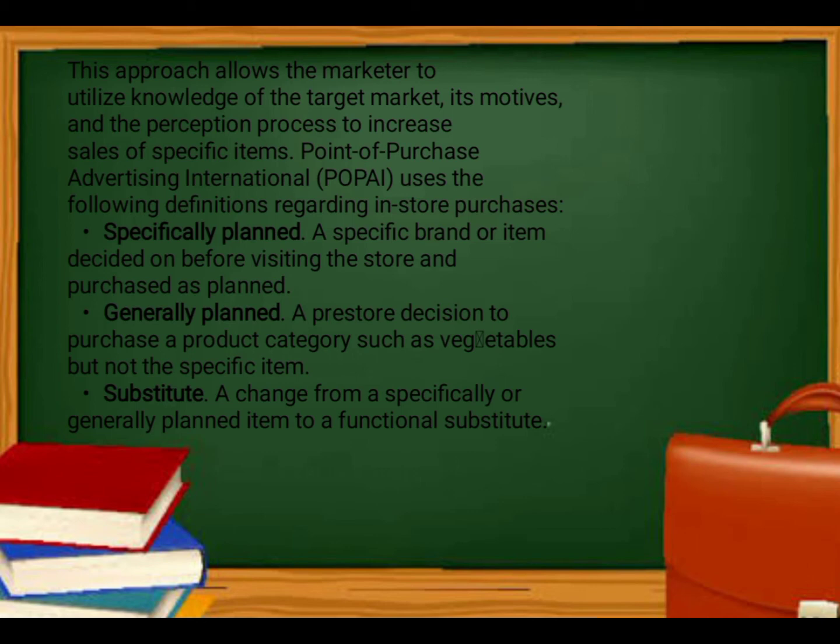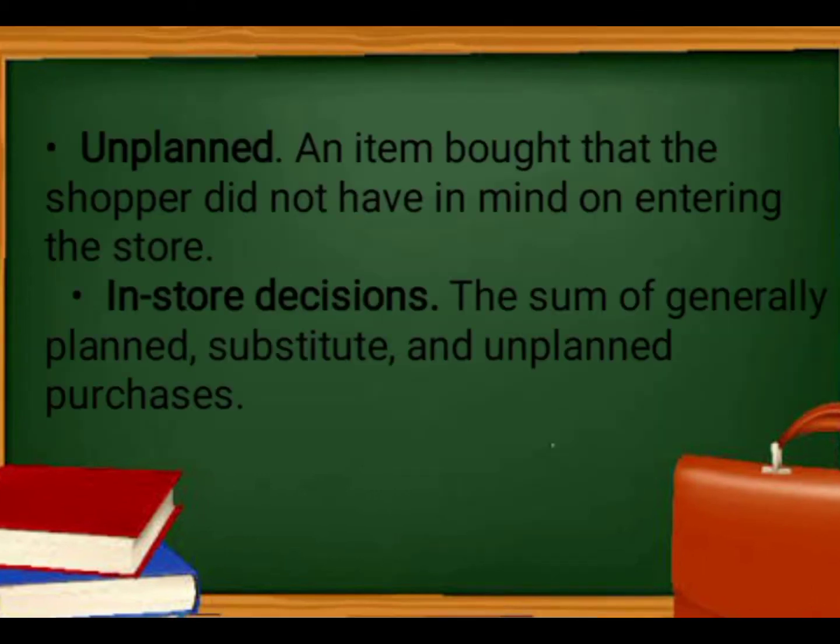Third, substitute: a change from a specifically or generally planned item to a functional substitute. Fourth, unplanned: an item that the shopper did not have in mind on entering the store. The last, in-store decisions: the sum of generally planned, substitute, and unplanned purchases.